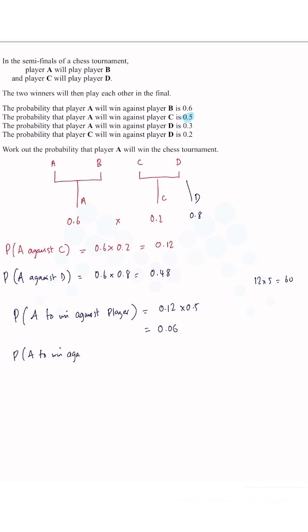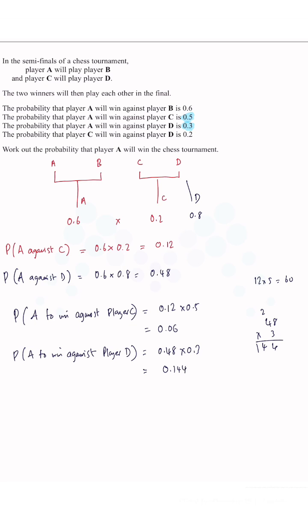And the chance of player A to win against, this was player C, by the way, against player D, the chance of them playing is 0.48. And the chance of player A winning against D is 0.3. So I multiply by 0.3. If I did 48 times 3, that gives you 4, 2 carries over, 12 plus 2 is 14, so that would give you 0.144.